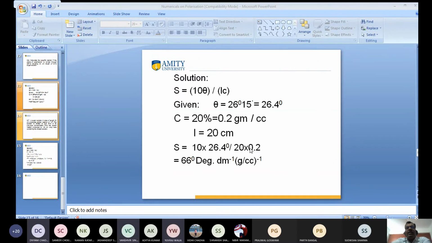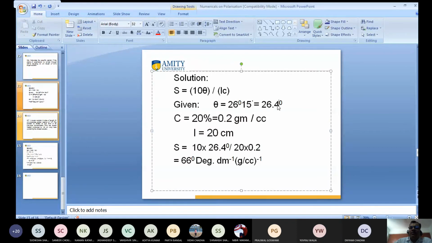Sir, if it is 15 minutes then it becomes 0.25, so 26.25. Yes sir, 0.25. Just the theta calculation is wrong. 15 minutes is 1/4, so 0.25. So the answer will be 66.65.